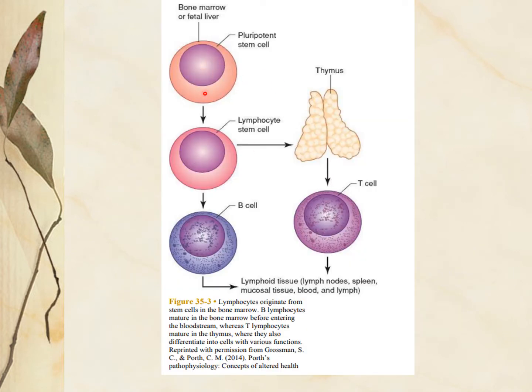As you can see in this picture, the lymphocytes originate from the stem cell in the bone marrow. Then the B lymphocytes mature in the bone marrow before entering into the bloodstream, whereas the T lymphocytes mature in the thymus, where they also differentiate into cells with various functions.